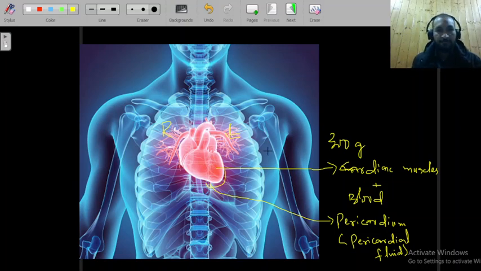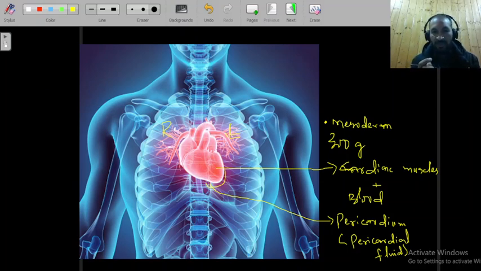Now, one more thing that you need to remember over here before we go further, that the heart actually arises from mesoderm. So it is mesodermal in origin. It arises from the mesoderm, which is one of your germ layers. The other two germ layers include ectoderm and endoderm.